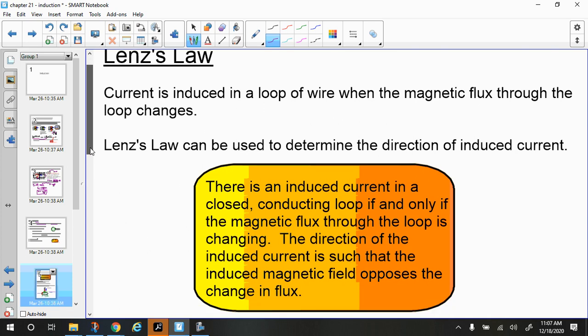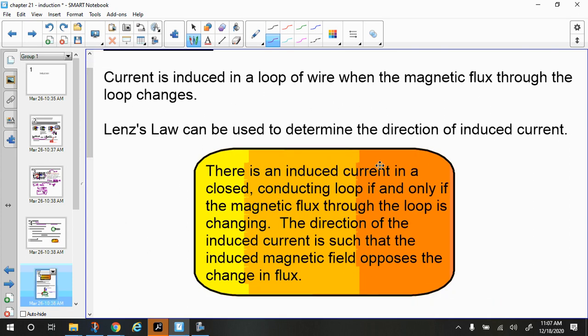So here's Lenz's law. There is an induced current in a closed conducting loop if and only if the magnetic flux through the loop is changing. The key word here is changing. So you're going to look for flux to be changing. The direction of the induced current is such that the induced magnetic field opposes the change in flux.